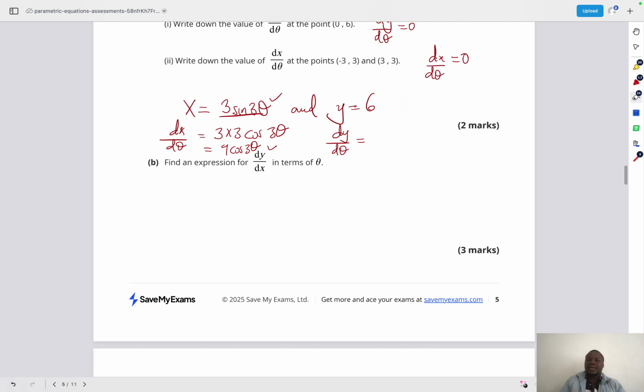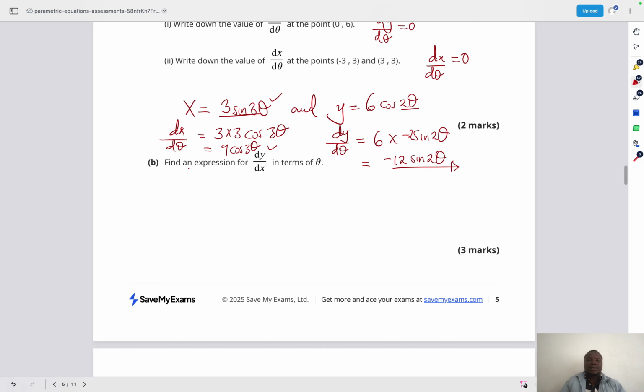So this is going to be 6 times the derivative of cos, negative sin, but again we need to differentiate 2θ here. So this is going to be negative 2 sin 2θ. If we do our work there, we find that dy/dθ is negative 12 sin 2θ.